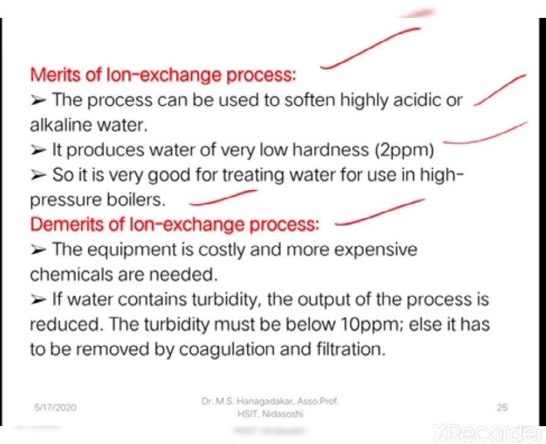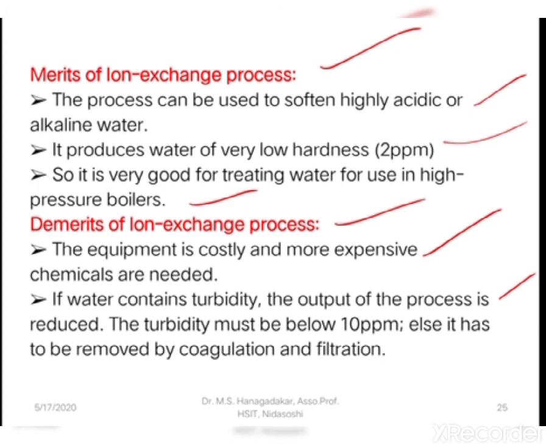Then what are the demerits of the ion exchange process? The equipment is costly and the resins are also costlier. More expensive chemicals are required for the regeneration of the exhausted resins for maintenance. If water contains turbidity, the output of the process is reduced.